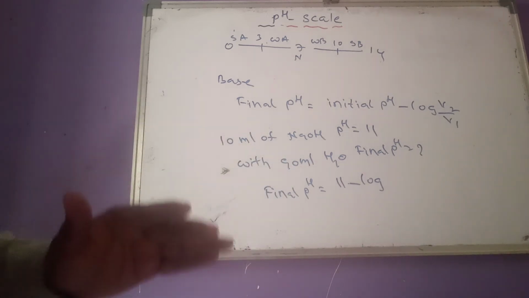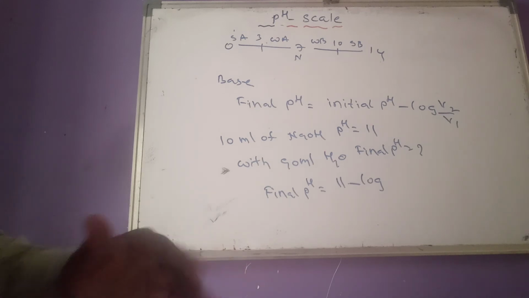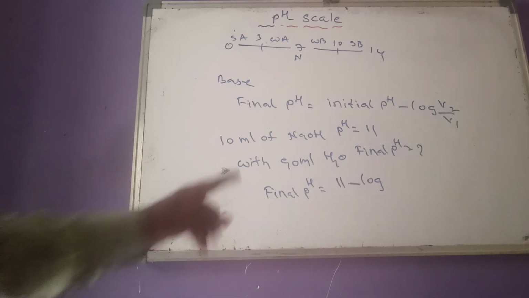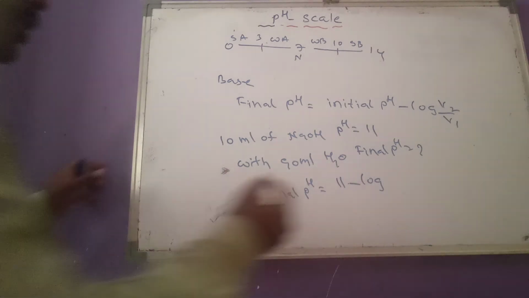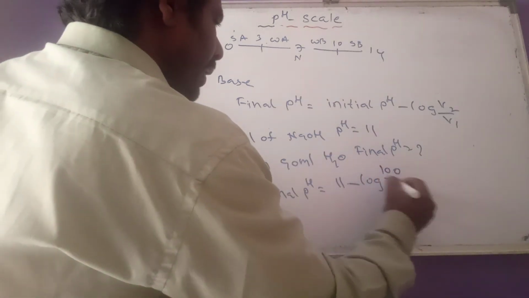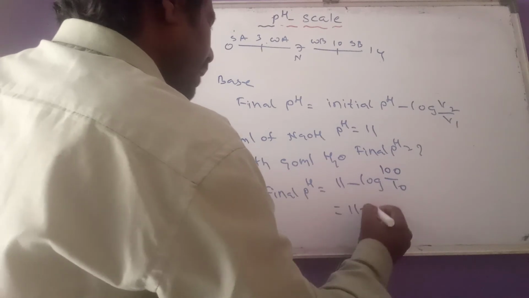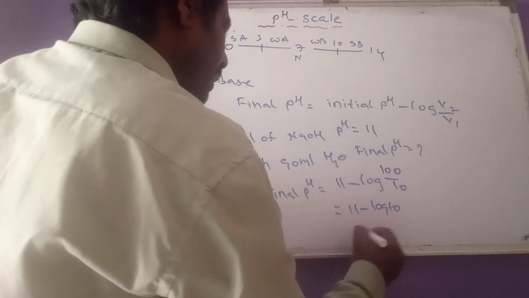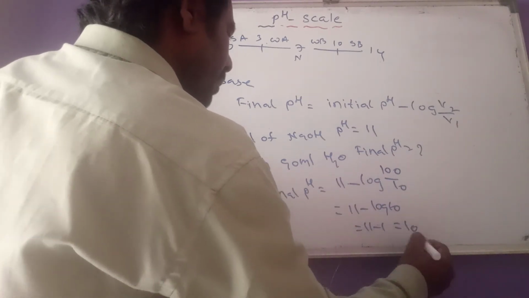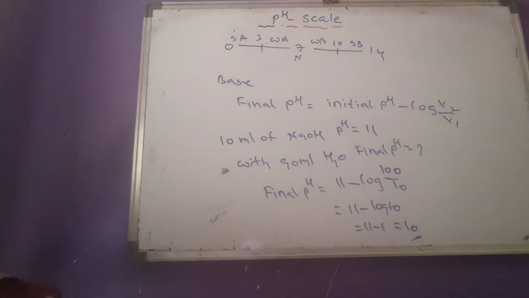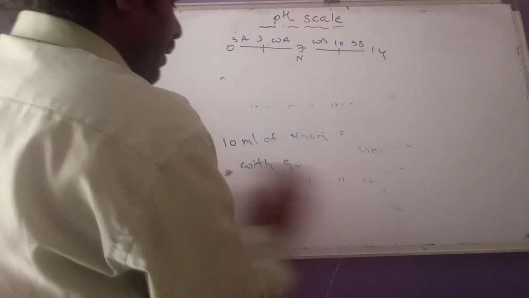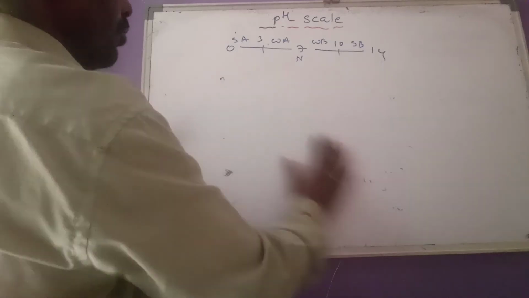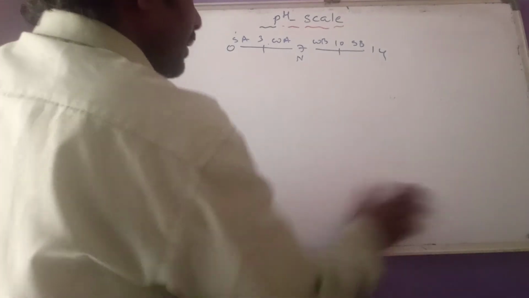Therefore, the final volume is not 90 ml, it is 100 ml, because we have to add 10 ml plus 90 ml. So now log 100 by 10, that means 11 minus log 10, 11 minus 1, means its pH value is 10.